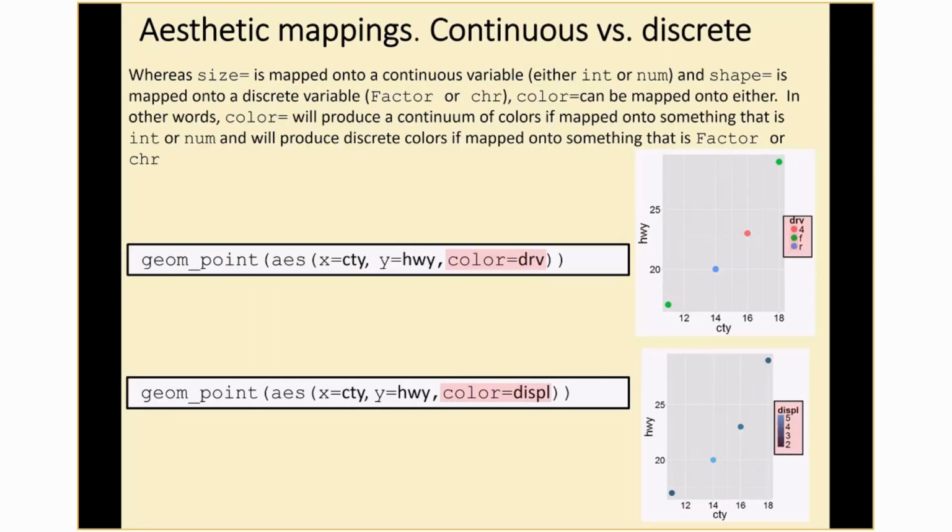Scale color hue was the scale that was used when color was mapped onto a discrete variable. But recall, with color, it can be mapped onto either a discrete variable or a continuous variable. So in this particular example, what I've done is I've mapped color onto a discrete variable, drive, 3 drives, 3 colors. Here color is mapped onto a continuous variable, displacement, and so a gradient of colors appears on the plot.